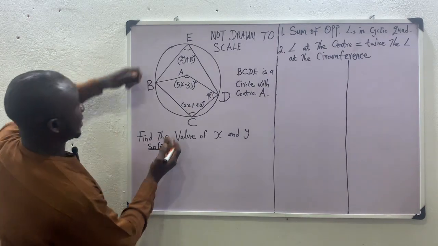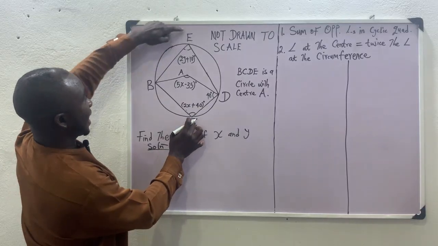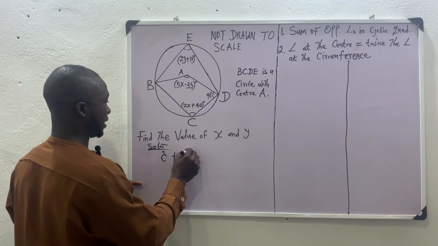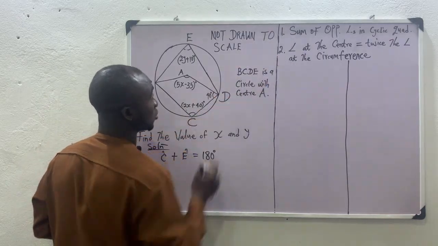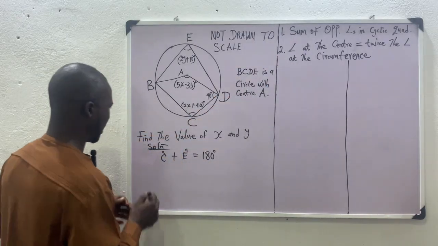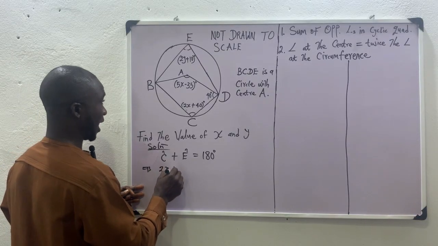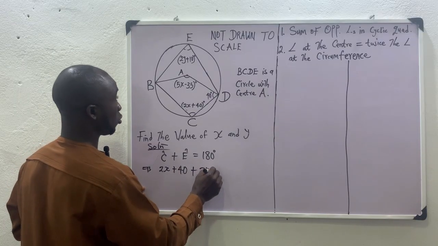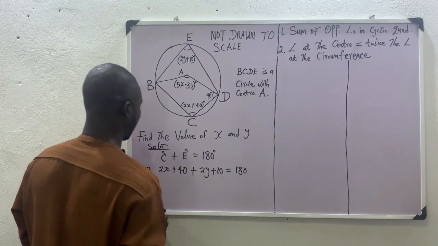So here we have that the sum of these opposite angles, that is angle C plus angle E, will give us 180 degrees. That is making use of the first relationship. So this means that 2x plus 40 plus 2y plus 10, all of them will add up to 180 degrees.